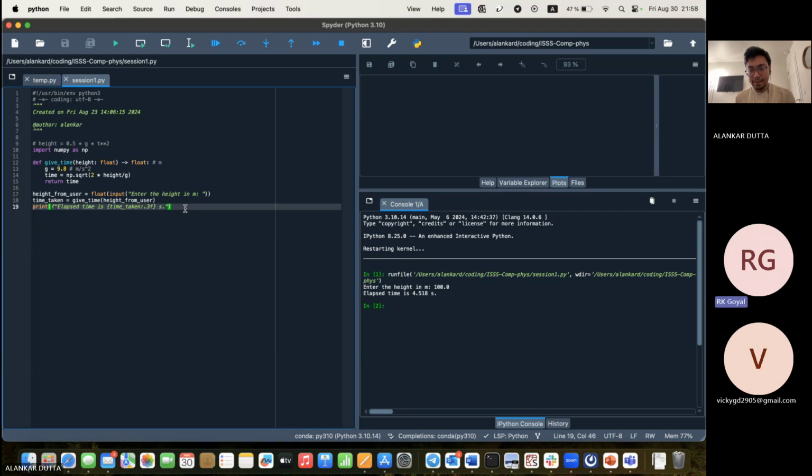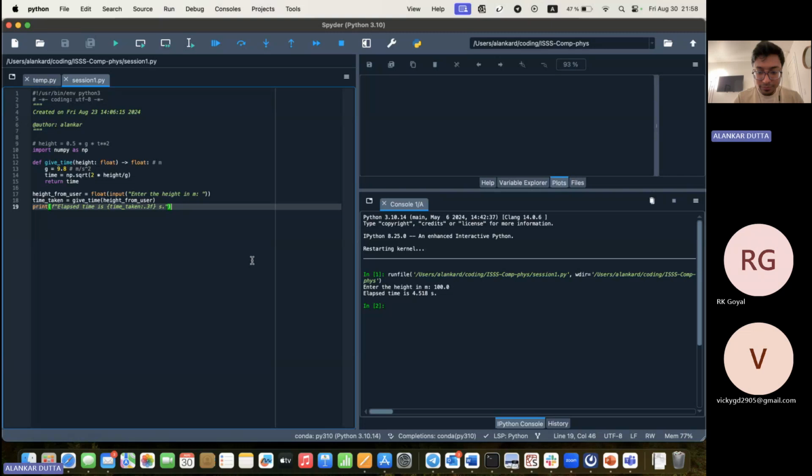Yes, it is clear. Can you increase the font size? Which one? Sorry, can you repeat your question once again? Can you increase the font size of the post... Oh, yes, yeah. Let me see. Is this better? No, I did not see anything. Can you please increase it further?